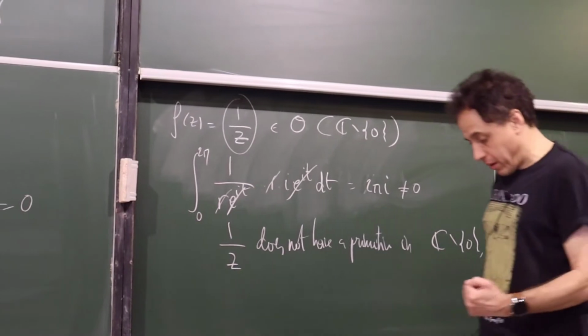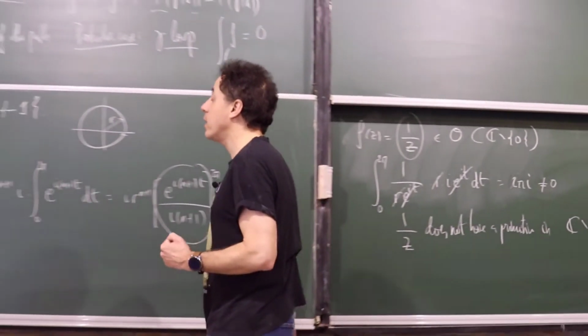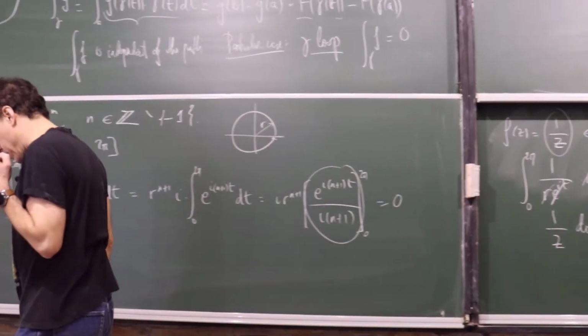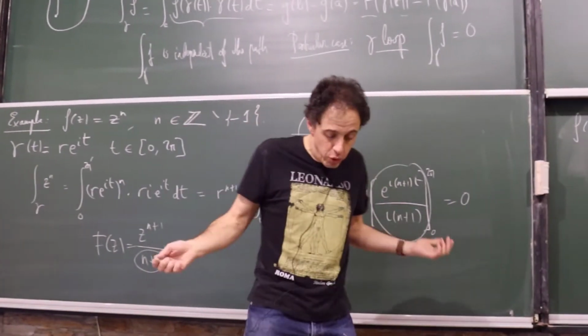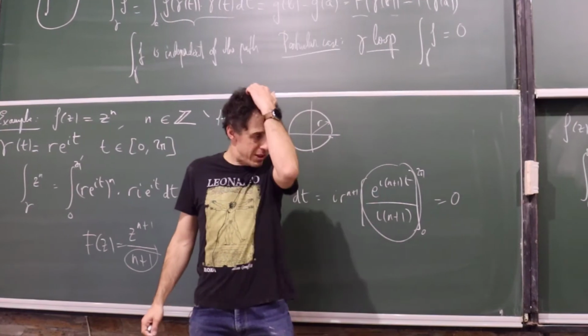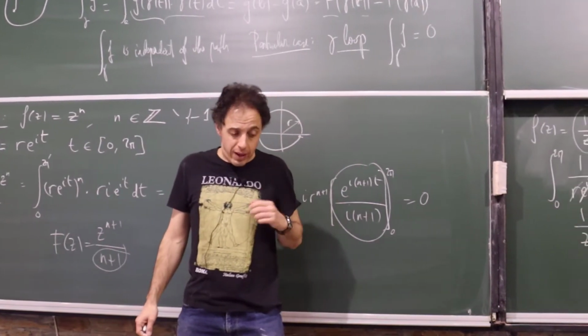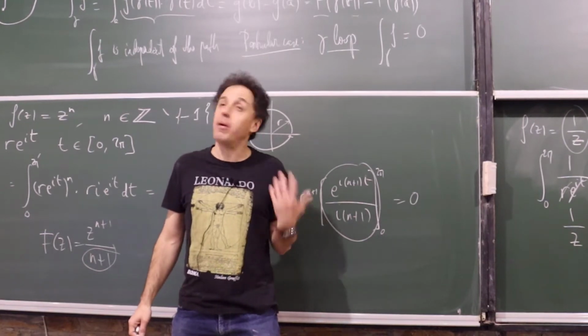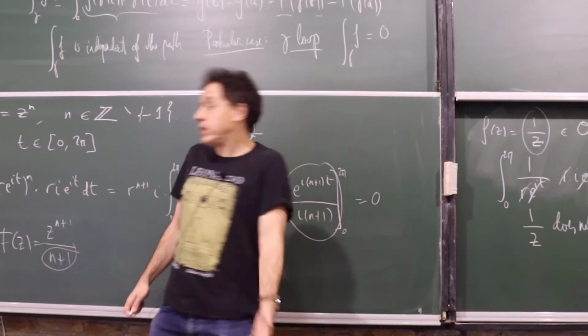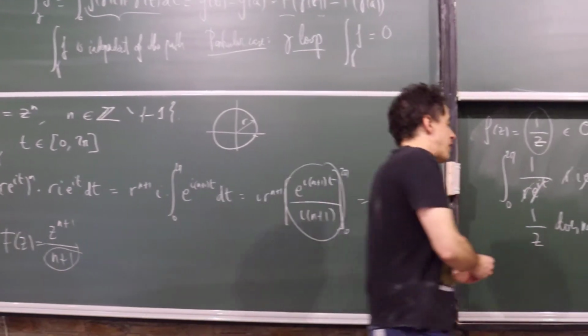Okay, so the next question would be, assume we have a function. Could it be continuous? Could it be perhaps holomorphic? When does this function have a primitive? Does it always have a primitive?